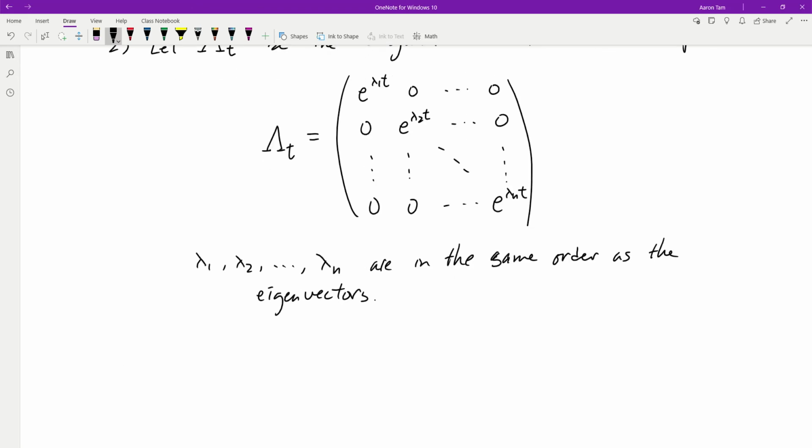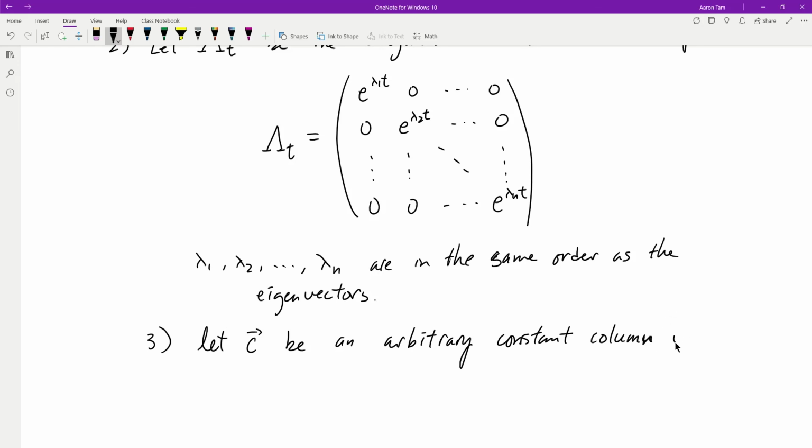Now finally, we can let vector C be an arbitrary constant column vector. So what does this column vector do?